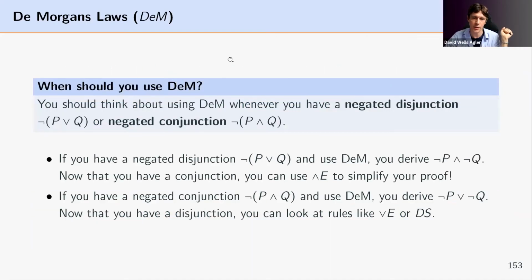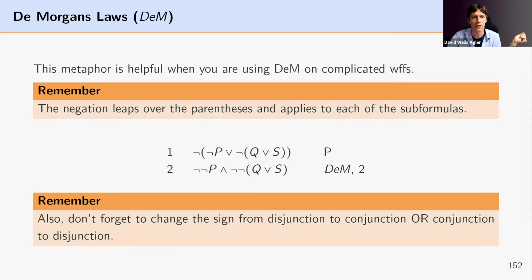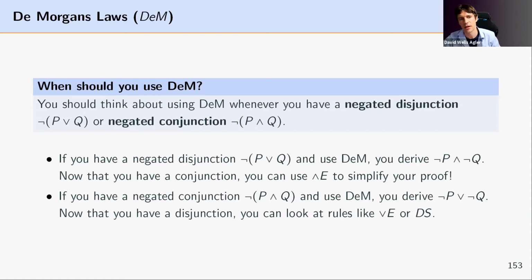So the next question to think about is, when should you use DeMorgan's laws? And the answer to this is pretty straightforward. You typically use DeMorgan's laws in one direction. Use it in the direction of taking a negated disjunction or a negated conjunction and applying it in that direction.